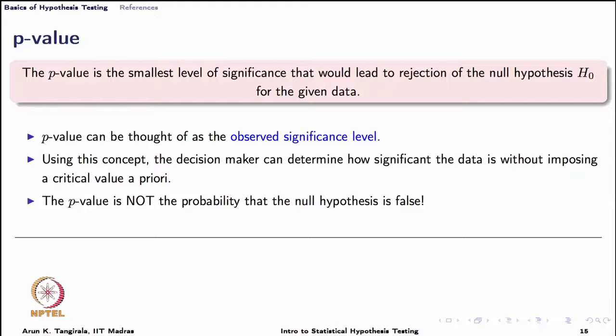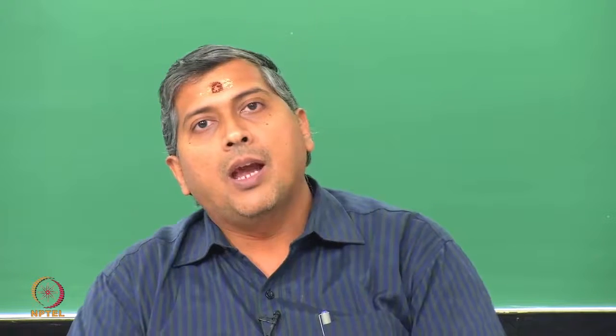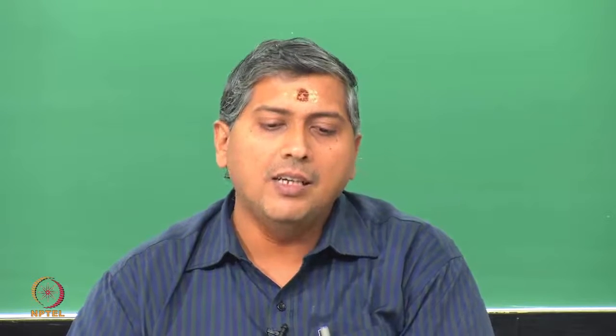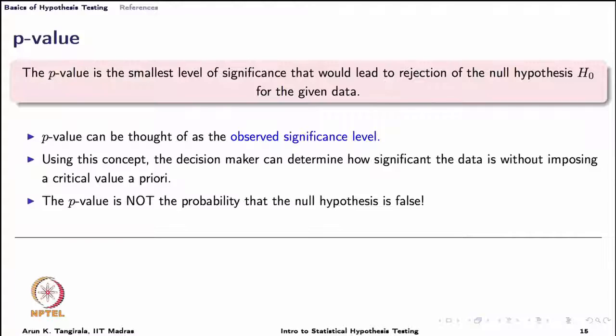You can think of this as an observed significance level, because we are determining this after the data has been acquired and after the test statistic has been computed. So, it is something derived from observations rather than a pre-specification. In that sense, the other method where we pre-specify alpha regardless of the data is called the fixed significance level. Here we have an observed or an empirical significance level.